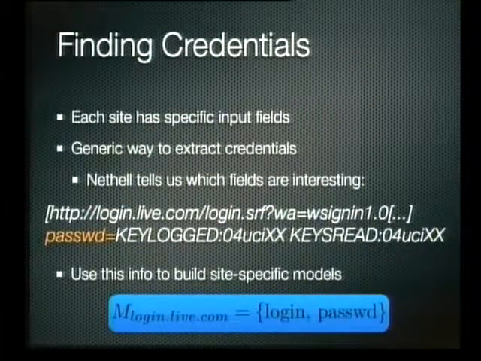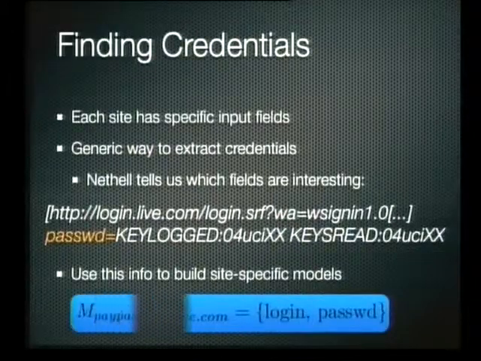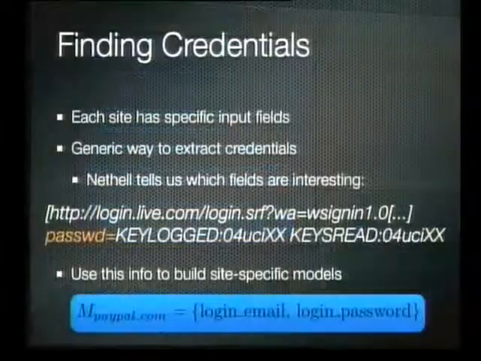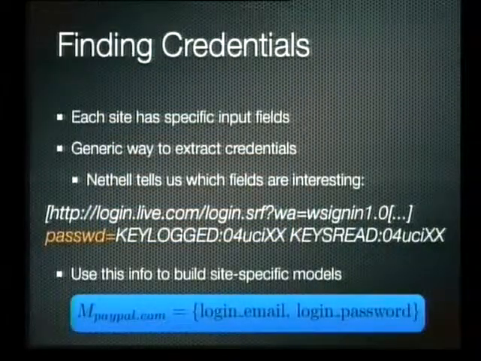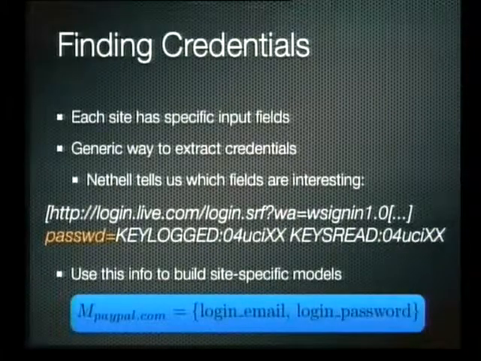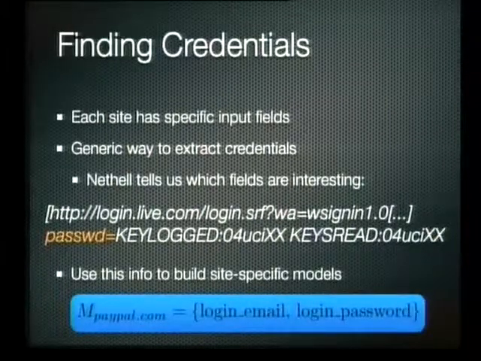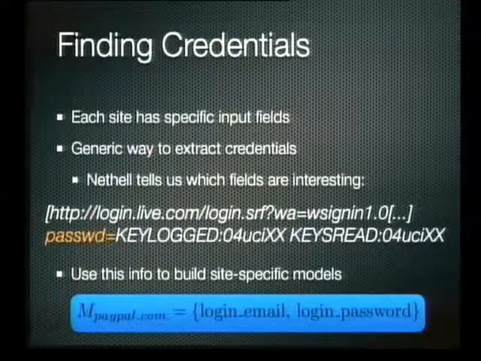For example, I hope you can read this also later in the back. For login.live.com, we find out that the form fields login and password are interesting since they contain the username and also the password. Or for paypal.com, the field names are login_email and login_password. And we use this in order to build, I think, more than 500,000 models for the different URLs we've seen during our study.